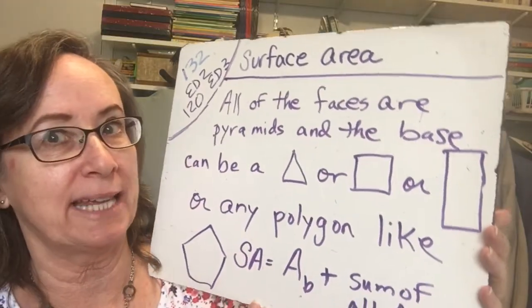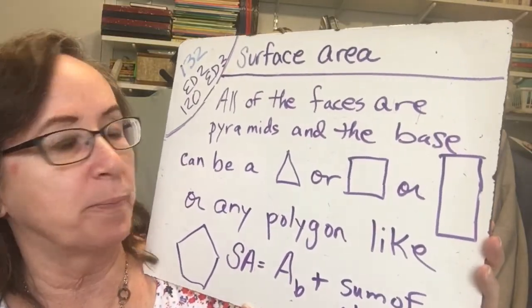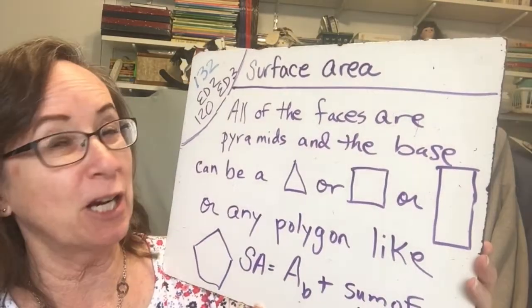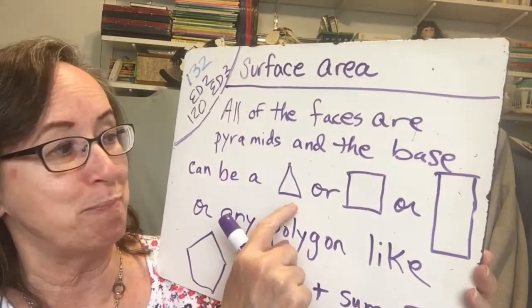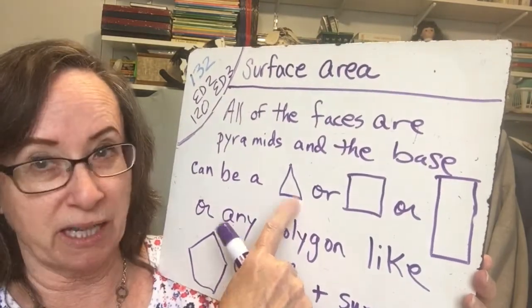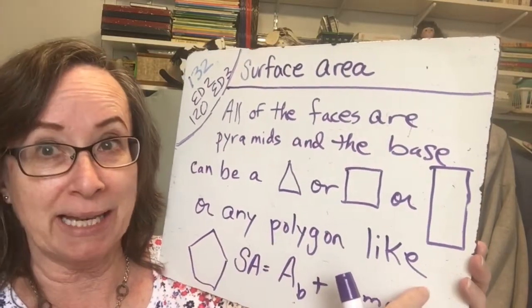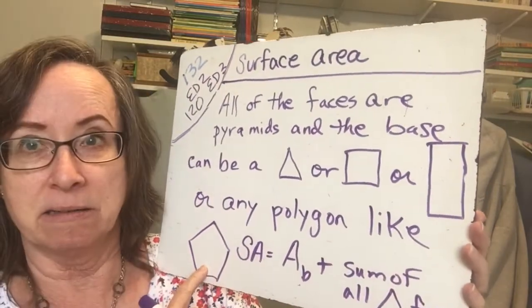Let's think now about a pyramid. So first we're going to consider the pyramid shape, okay? When we have a pyramid shape, the pyramid could have a base that maybe is a triangle or a square or a rectangle or any polygon like a pentagon.